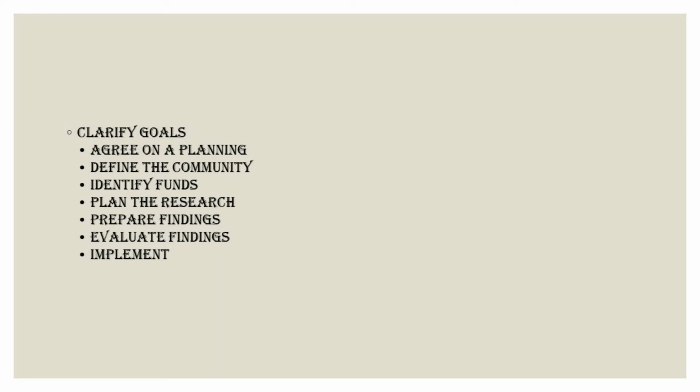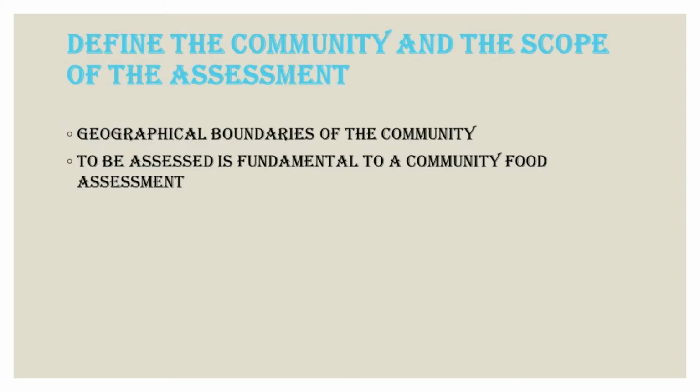As in a community assessment, once a team is gathered, it needs to work together to clarify goals and interests, agree on a planning and decision-making process, define the community to be assessed, identify funds and other resources, plan and conduct the research, prepare and disseminate findings, evaluate the findings, and implement follow-up actions in response to the findings.